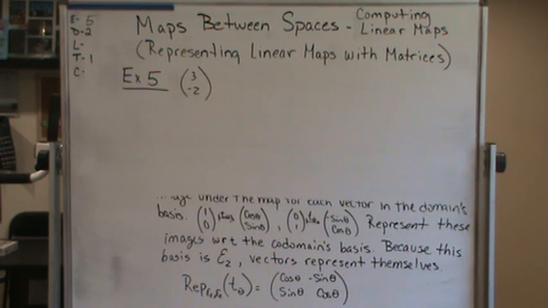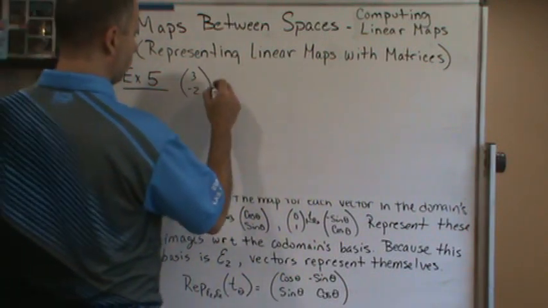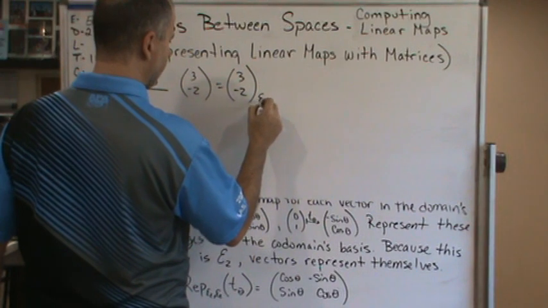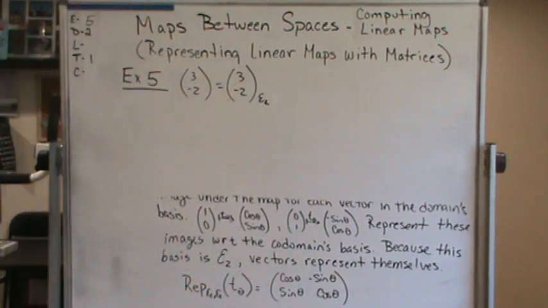So this is equal to 3, negative 2 with respect to E2, or epsilon 2.